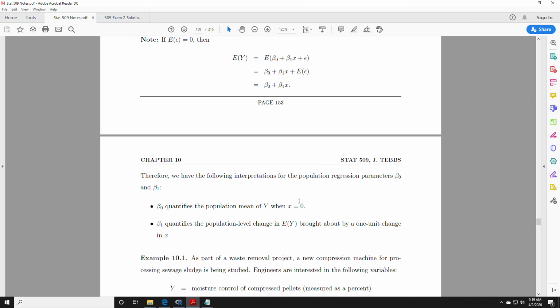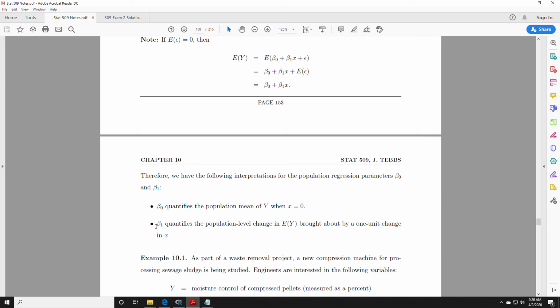For example, let's go back to our trying to use weight to predict height. Of course, does it make sense to predict the height of a person that weighs 0, right? No, it doesn't. So in that case, the intercept term beta naught would not be useful to think about. Other times it could be, okay? It just depends on the problem.